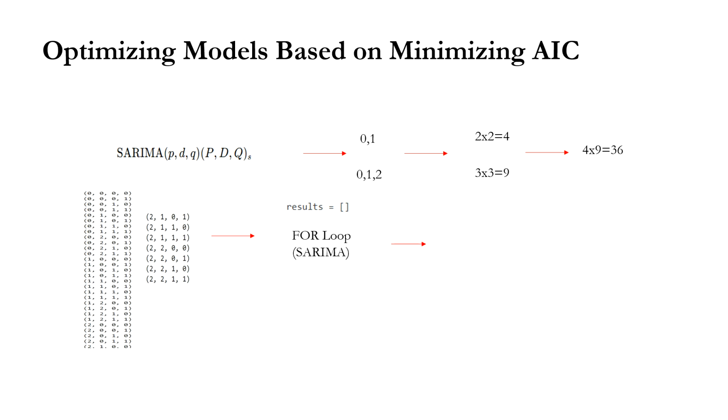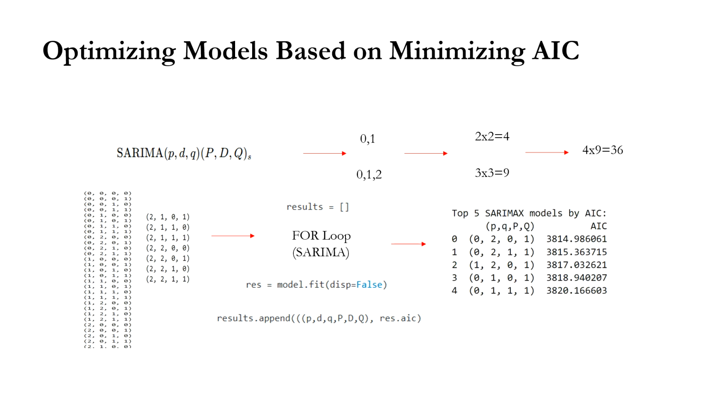So here's some pseudocode. Basically, you initialize a results list, right? And then we use a for loop on a SARIMA. We fit it, and then we append the results, right, of the combinations based on their AIC. And then we see the results for that, and we get this as our minimum.